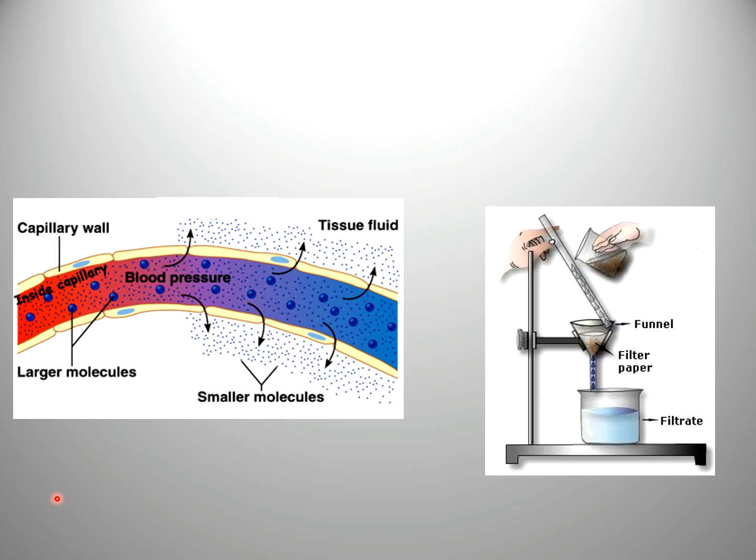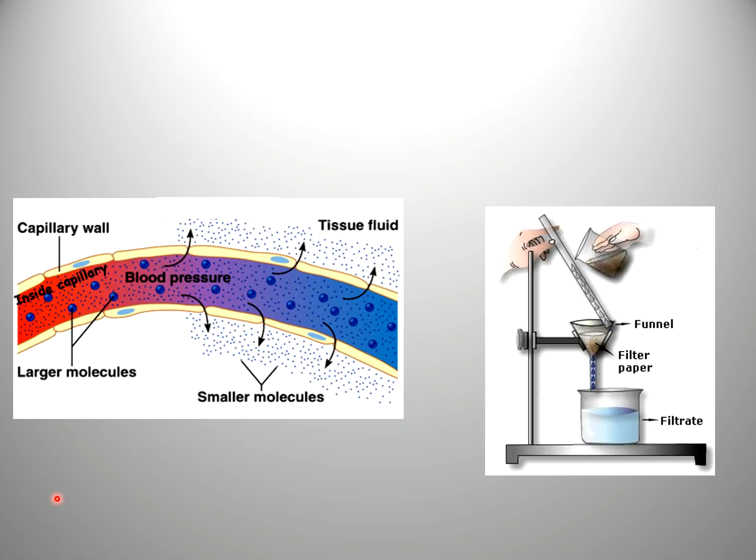So when you breathe in air, there's a high concentration of oxygen in the alveoli of your lungs, and there'll be a low concentration in the blood. While there'll be a high concentration of carbon dioxide on the inside and a low concentration of carbon dioxide in the alveoli of your lungs.